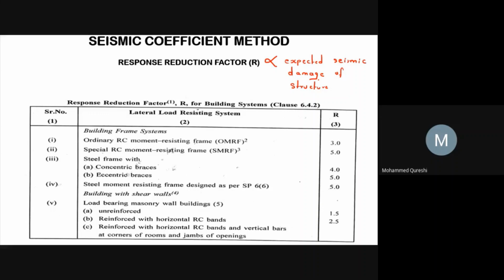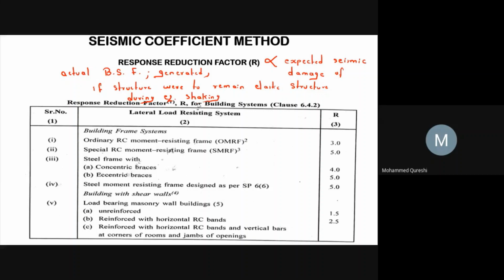It is the factor by which the actual base shear force that would be generated if the structure were to remain elastic during earthquake shaking. It is called response reduction factor.